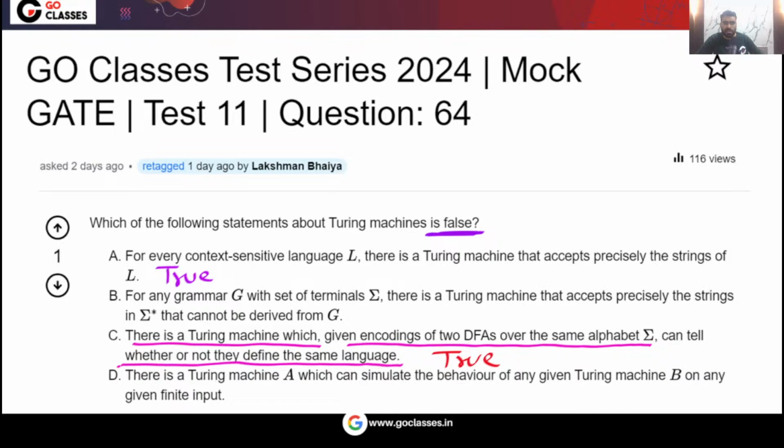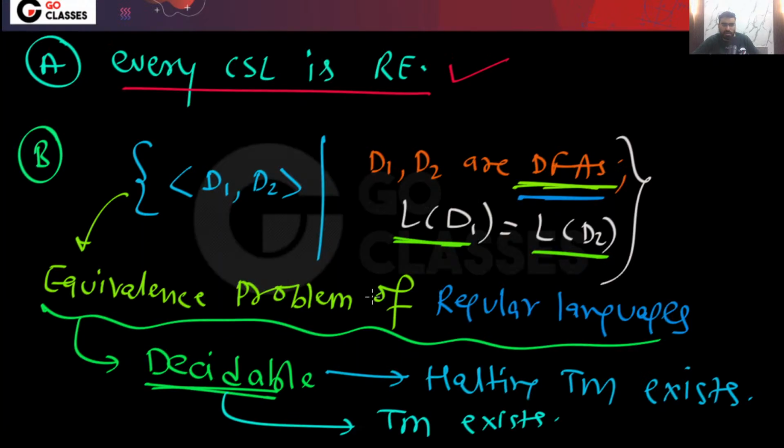Is this clear? Read option C. Option C is saying there is a Turing machine which can determine whether two DFAs have the same language or not. Yes, this is correct, because the equivalence of regular languages is decidable.